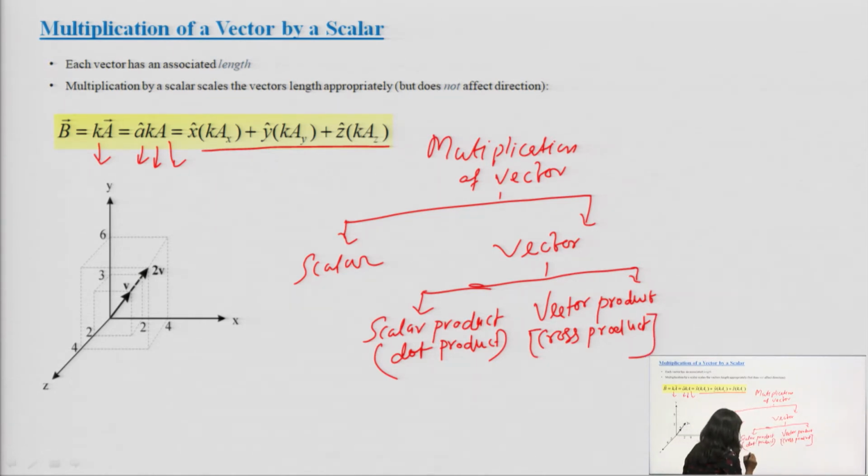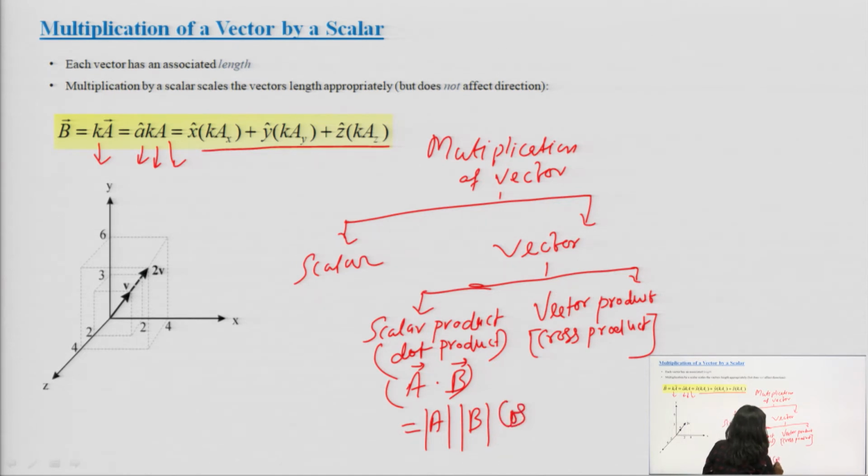We can express, suppose there are 2 vectors a and b, then the scalar product or dot product will be represented like this, and a dot b will be equal to the magnitude of a multiplied by the magnitude of b multiplied by the cosine of the angle between vectors a and b, suppose cos theta.